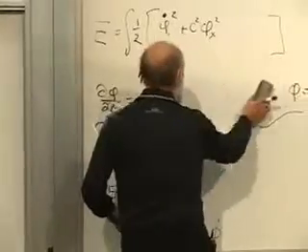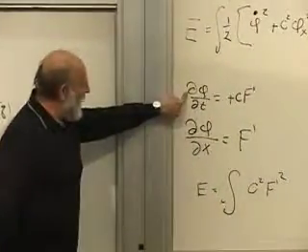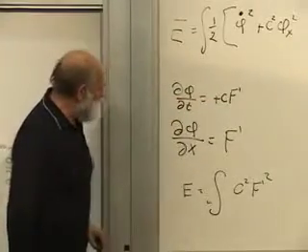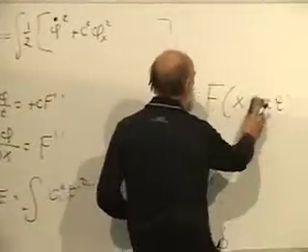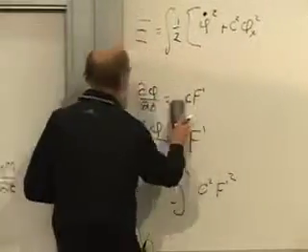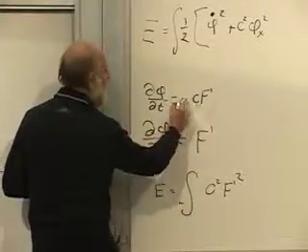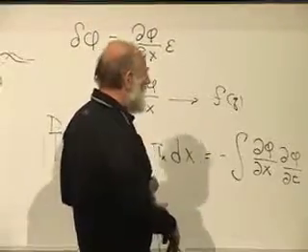Okay, here we are again. d phi by dt is c times f prime. This is the left mover. I want the right mover, and then there's a minus sign here, right? Yeah. Now we have a right mover, and what do we have then?